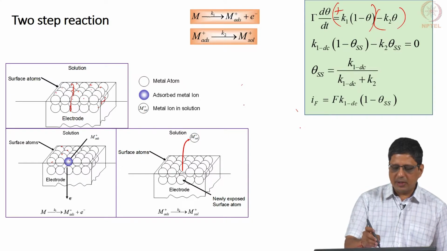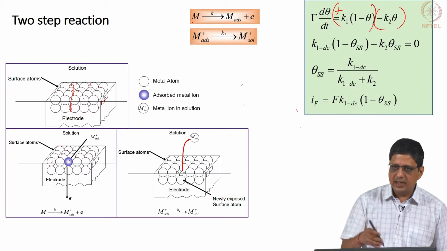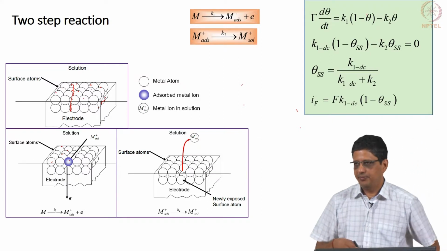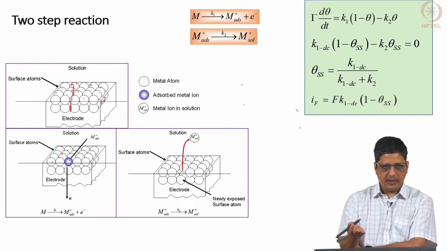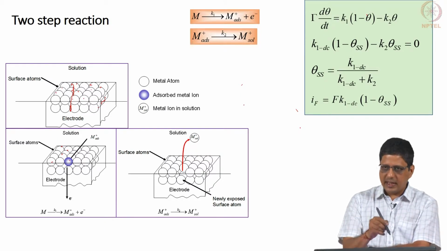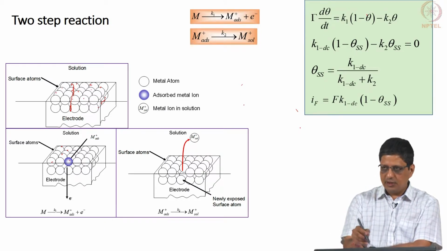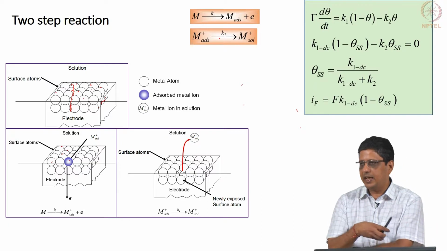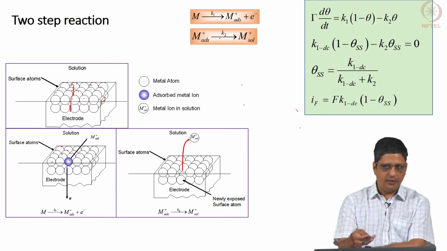We will say K1 (1 minus theta) represents the number of moles of M consumed, moles per unit area that is consumed. For electrons, we have to calculate as per the equation. The first equation produces M plus adsorb. So, when I look at the M plus adsorb balance, I will consider the first equation and the second equation, because it is involved in both. When I look at electrons produced, I do not have to look at the second equation, because it is not at all there, only the first equation.